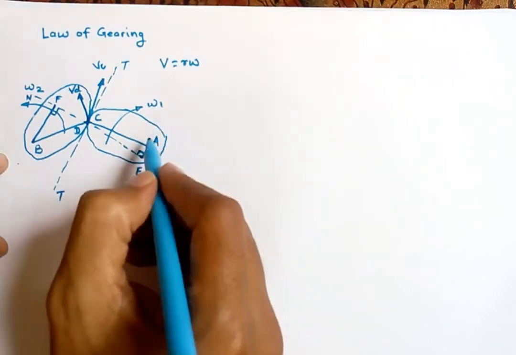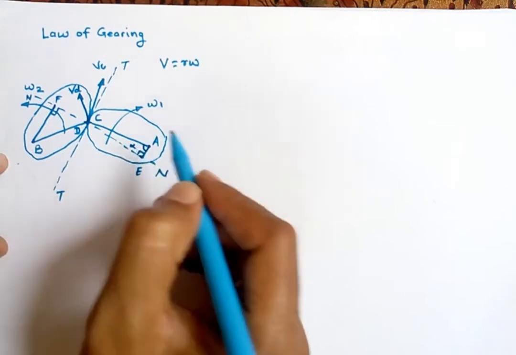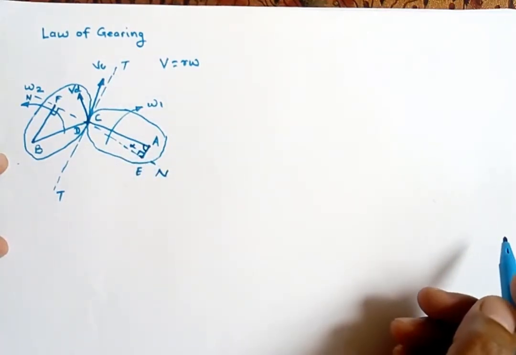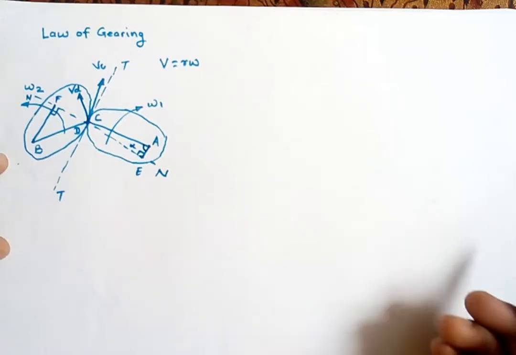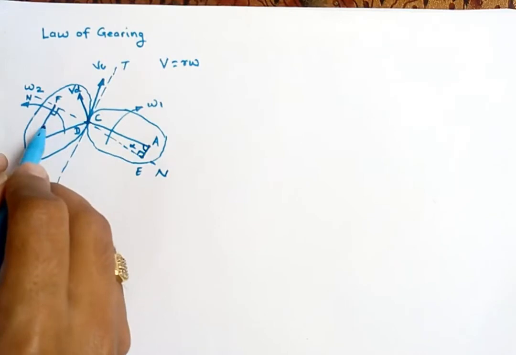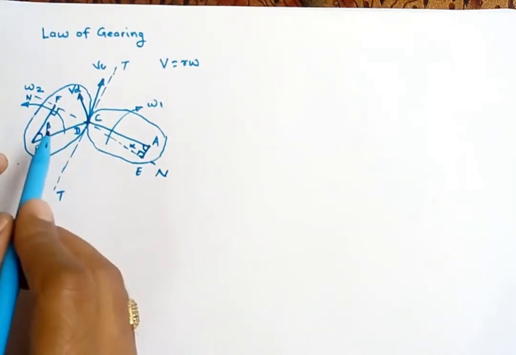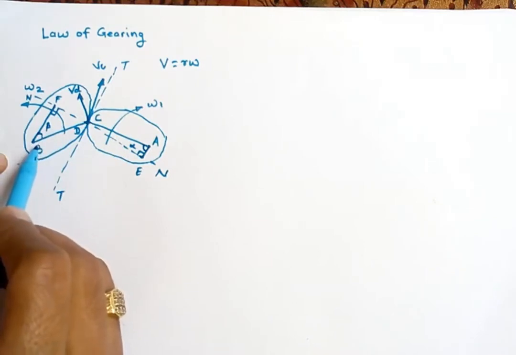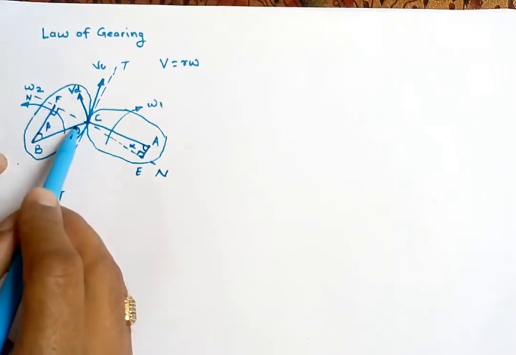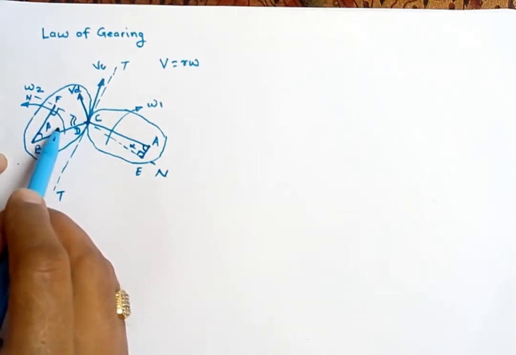So let AC make an angle alpha with AE, and the angle made by BF with BD is beta. So in the triangle BFD, the angle made by FD with BD will be 90 minus beta.